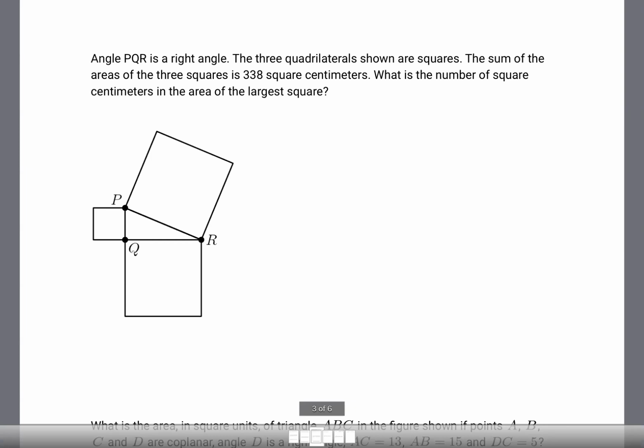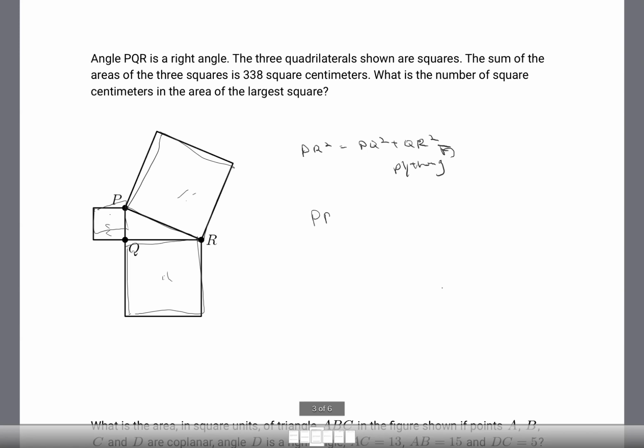So what we already have is, let's say that PR squared equals PQ squared plus QR squared by Pythag, right? This is by the Pythagorean theorem. And then if we look at it, we also see that PR squared equals PQ squared plus QR squared, which is also the sum of the areas, right?